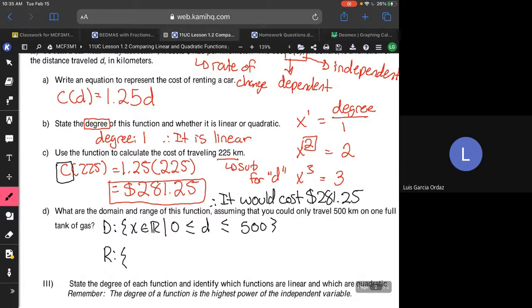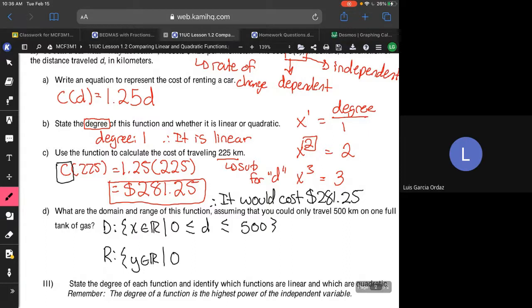So for my range, it's going to be y ∈ R. What's the lowest cost? What is the lowest thing that I can possibly be charged? It's the same thing as my domain. 0. So I can be charged $0 if I choose to get in the taxi and not go anywhere.